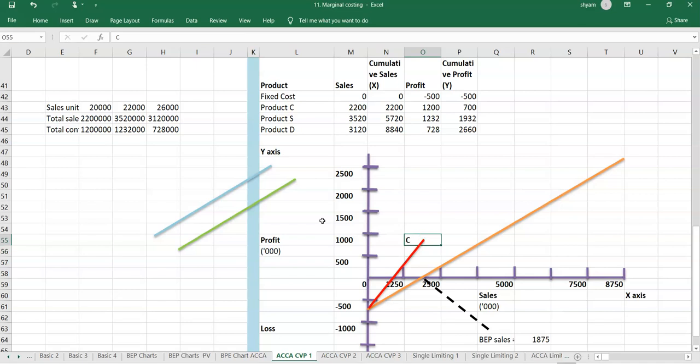So next we have to do it for product S. Next product S is being sold. Product S is sold, and the ending point is at 5720 of sale. So the connecting point would be here, the starting point is here, and the ending point is 5720 of sale. That is roughly 6,000.